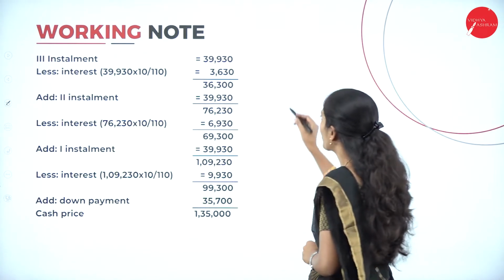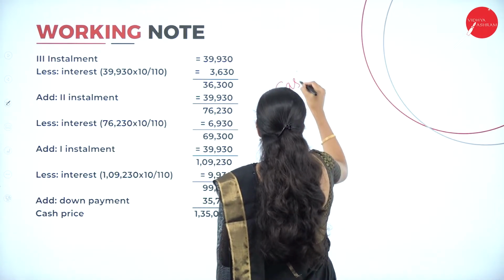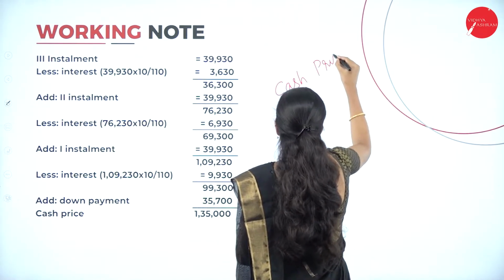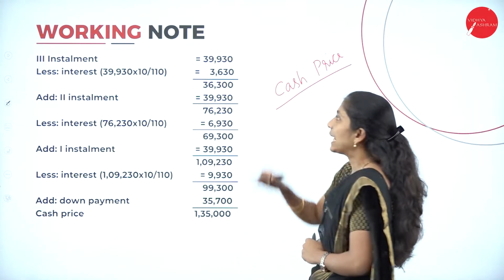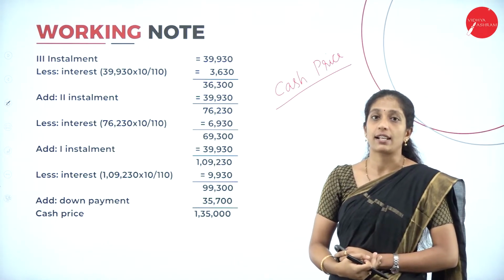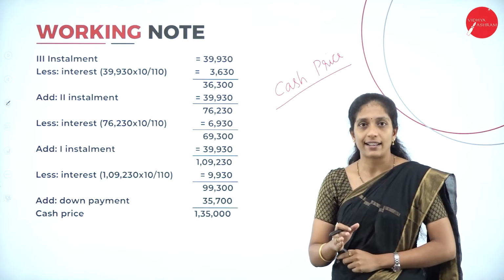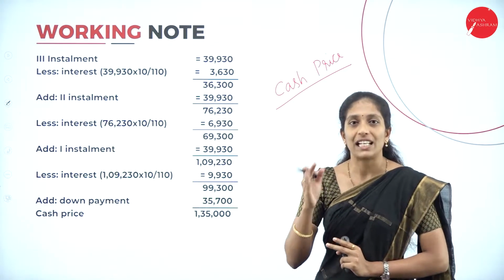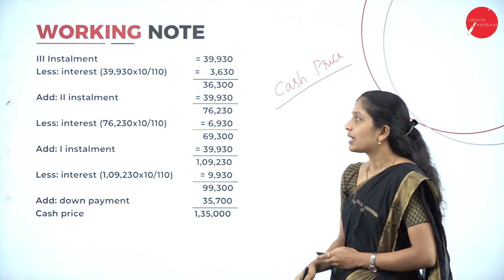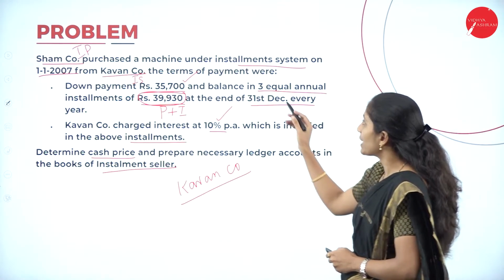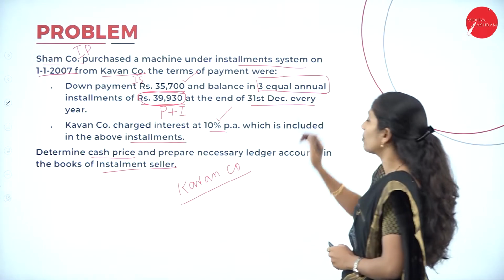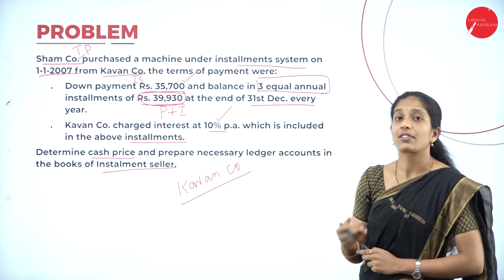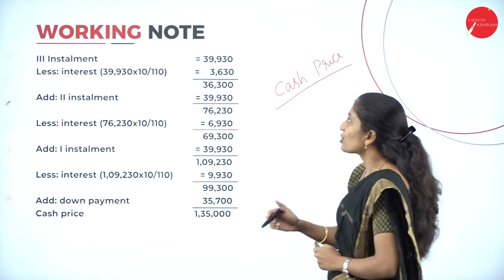So first we have to calculate the cash price of the asset. So this is calculation of cash price of the asset. So hope you are familiar with calculation of cash price. So what you have to do, we have to go from last installment. So here the payment is made in what? 3 equal installments, right? So we have to start from third installment.